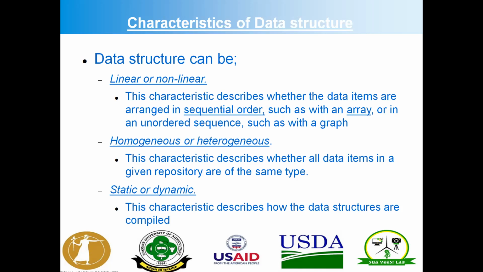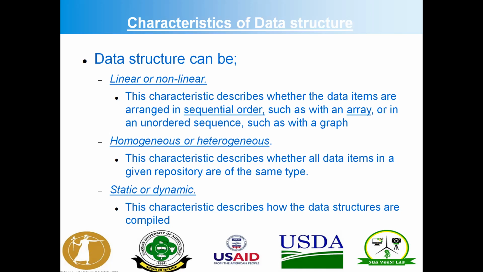Another characteristic is that a data structure can be homogeneous or heterogeneous. By homogeneous, we mean the data stored in a specific data structure will be of the same type. When a data structure is heterogeneous, the data stored can be of different types.